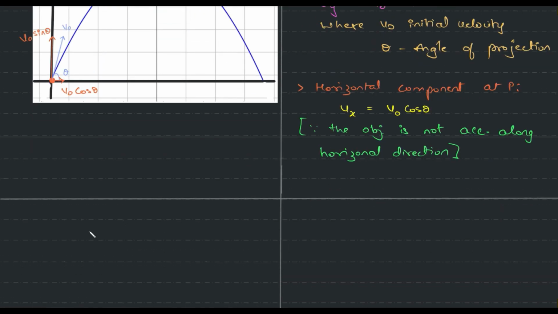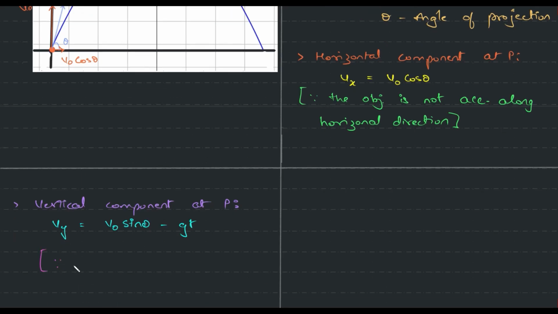Now let's talk about the vertical component at P. Vy is equal to v naught sin theta minus gt. So how did I get that? This is nothing but the v is equal to u plus at formula.